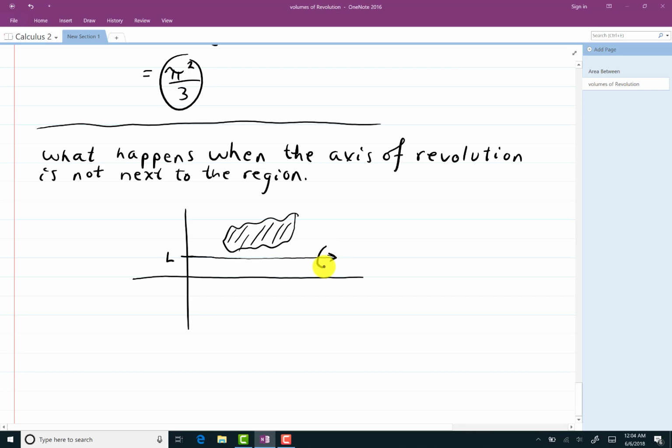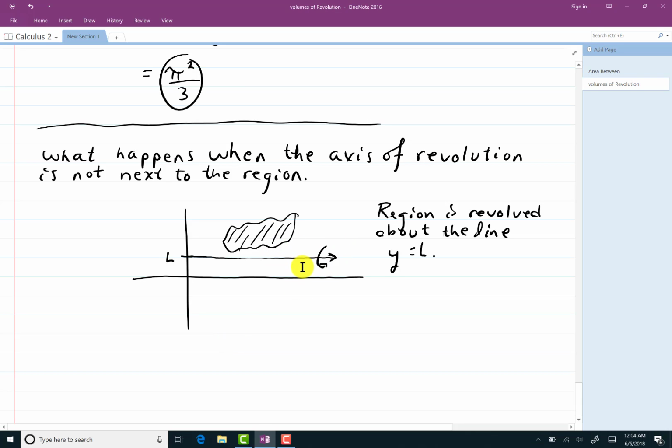So let's say the region is revolved about the line y equals L. So you can see it's not right up against there either, and we have a weird looking bottom, etc. So we revolve it about this line.